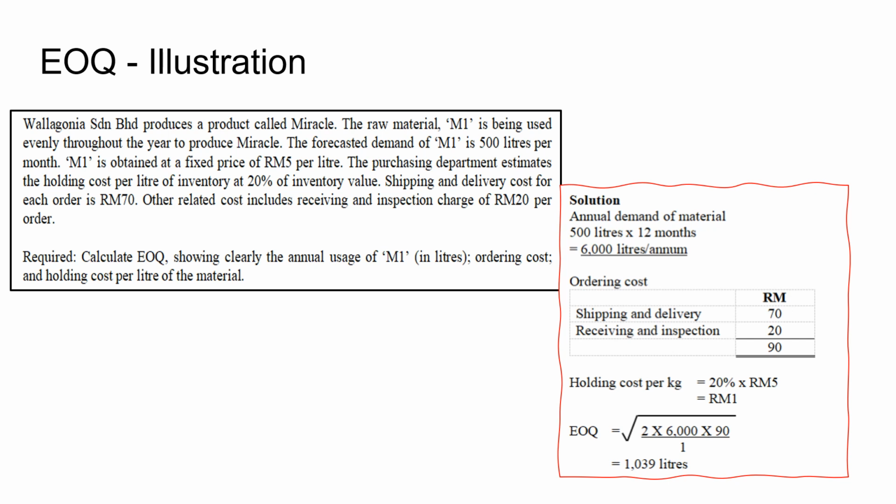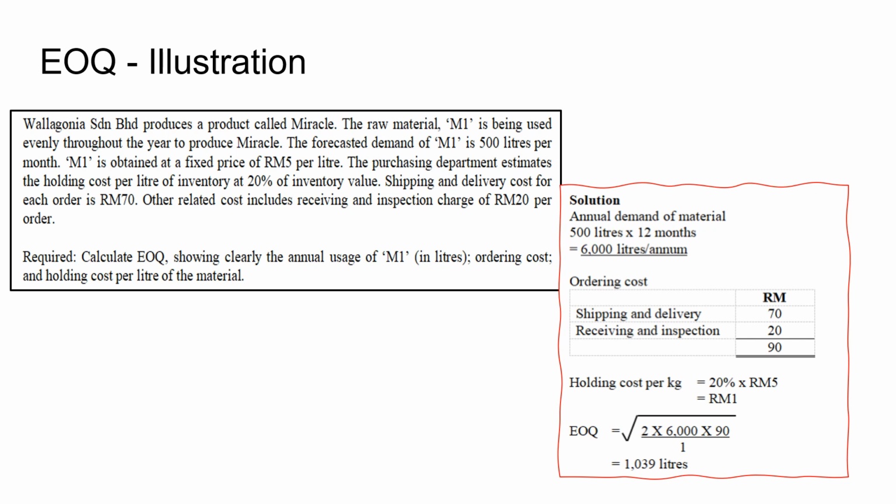So in order to order the material, we need to pay for the shipping and delivery cost. Other related costs include receiving and inspection charges of 20 ringgit per order. Once you make the order and the goods have been sent, you will need another activity, that is receiving and inspection, which costs you 20 ringgit per order.